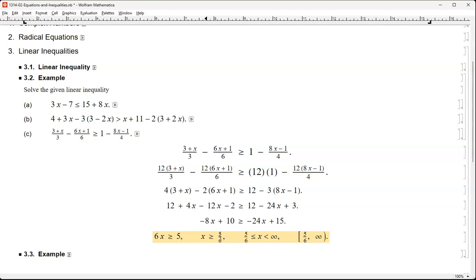So you can stop here if you just wanted the inequality expression. But if you want interval expression, then you have to go further. Smaller numbers come to the left. So that's how you can answer.